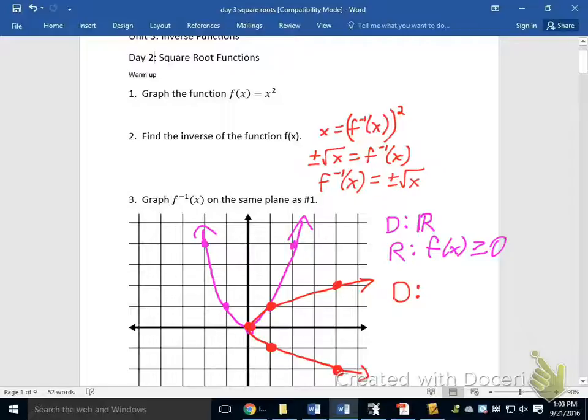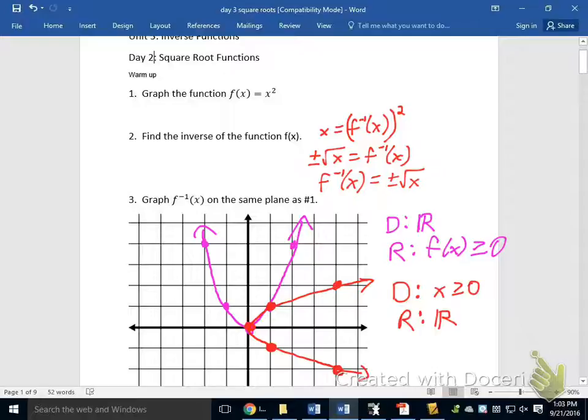The domain would now be only values greater than or equal to 0, and the range would now be all real numbers. It will continue to go up forever and continue to go down forever. So you will see that anytime you invert a function, you're not just swapping x and y, you're also swapping your domain and range. Your input and output flip. That wraps up our warm-up.